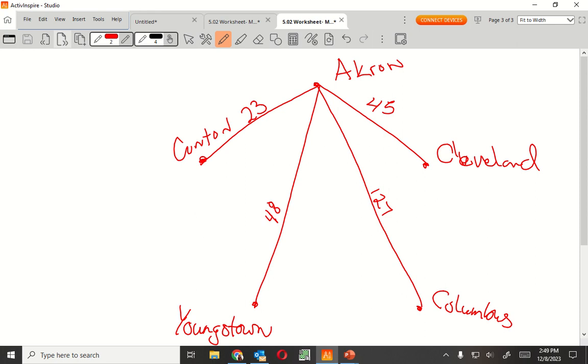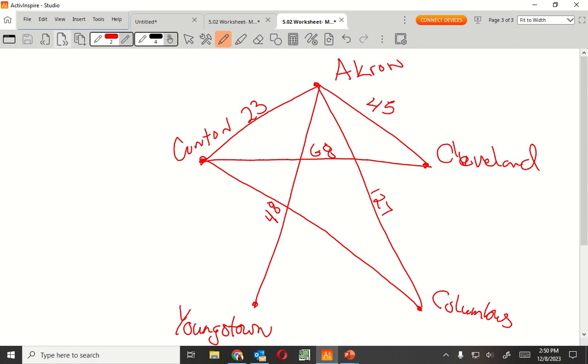Okay. Now the next one is Canton to Cleveland. How far? 68. From Canton to Columbus, look at Canton and go find it to Columbus.